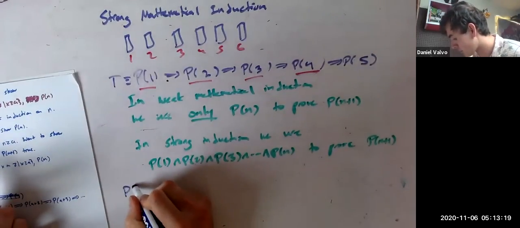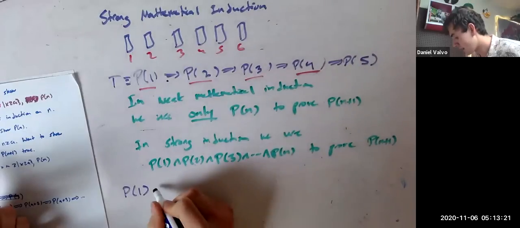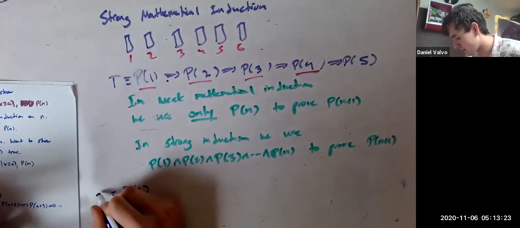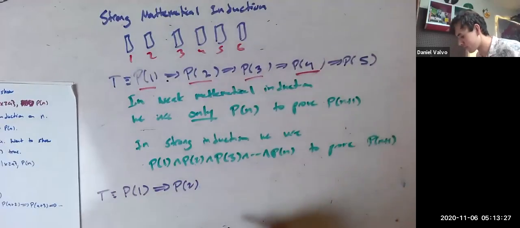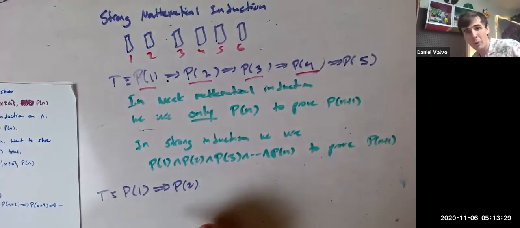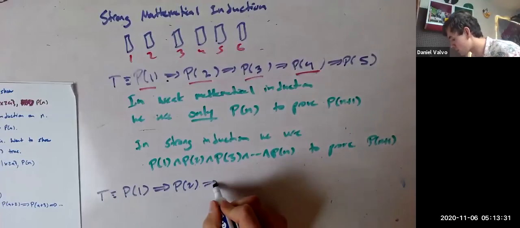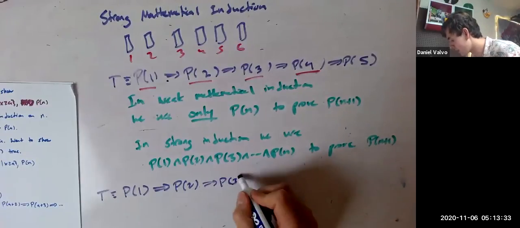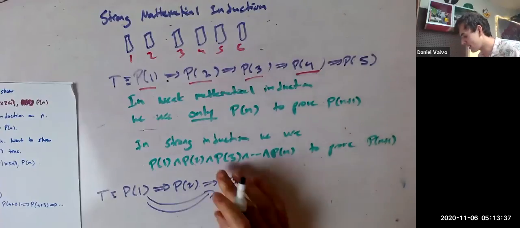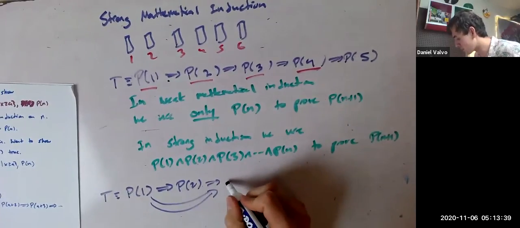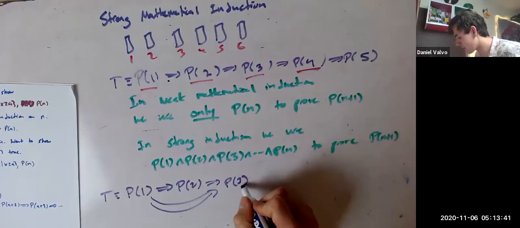The way strong induction would work is you have P of 1, and as a base case, you know that's true. And then you use that to prove P of 2. But then the way strong induction works is instead of using P of 2 to prove P of 3, why just use P of 2? You can also use P of 1 in that. So you use P of 1 and P of 2 to prove P of 3.